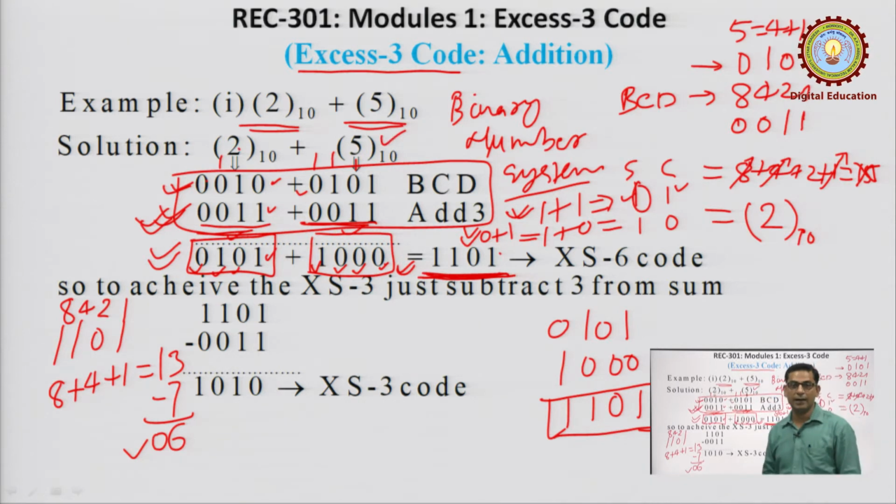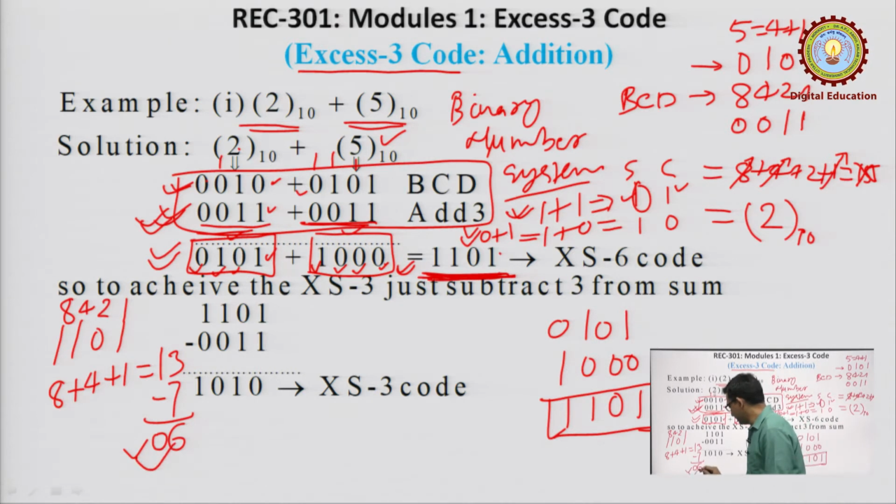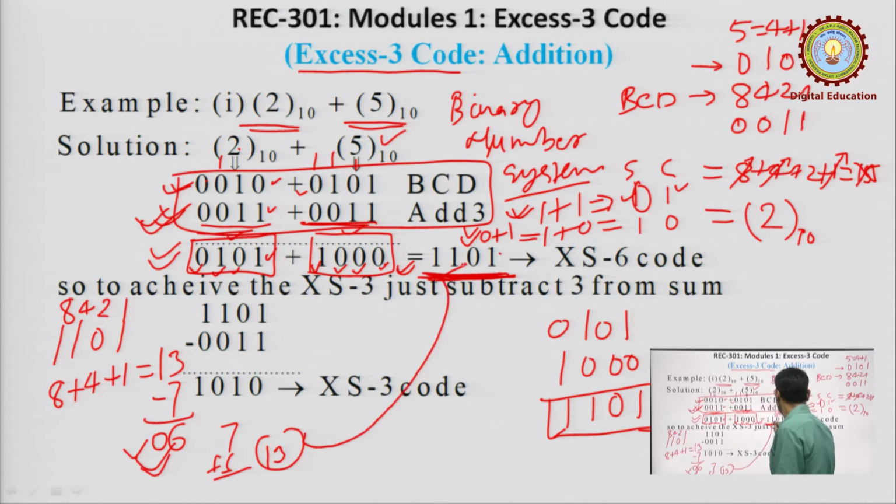It means we have added the 6 in this question. So, that is why this is not the XS3 code, we are getting the XS6 code, and that is the right answer. If we add the 7 plus 6, we are getting 13, and this is our answer here. Okay.